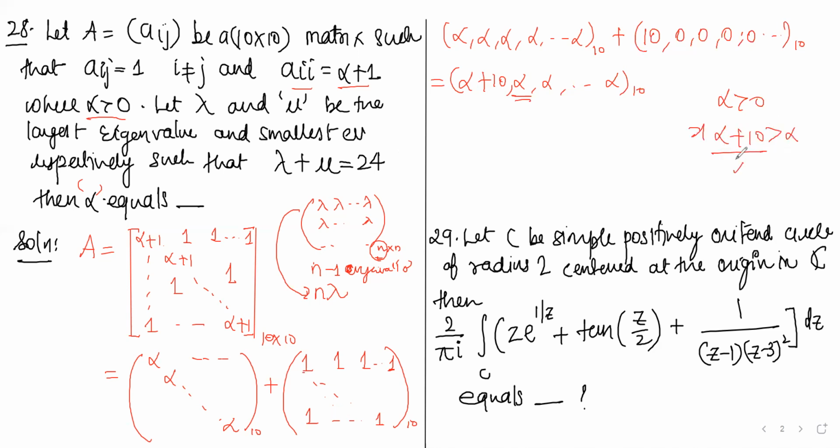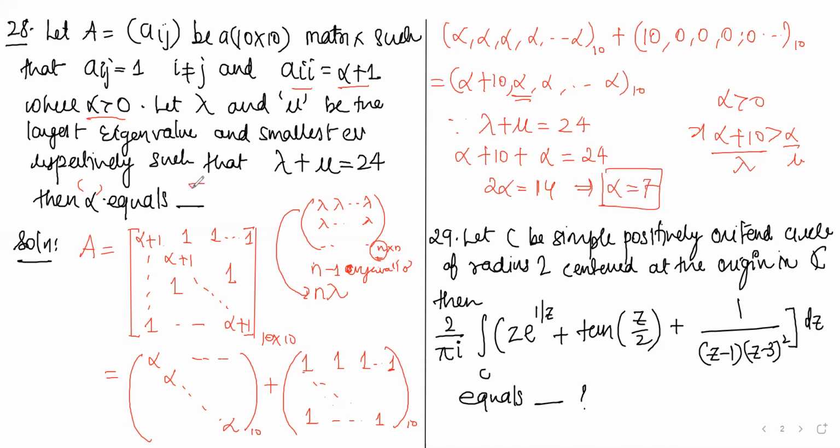So this is the largest eigenvalue, lambda, and this is mu. Since they have given that lambda plus mu equals 24, here I have alpha plus 10 plus alpha equals 24. That means 2 alpha equals 24 minus 10, 14. This implies alpha equals 7. So the answer is 7.